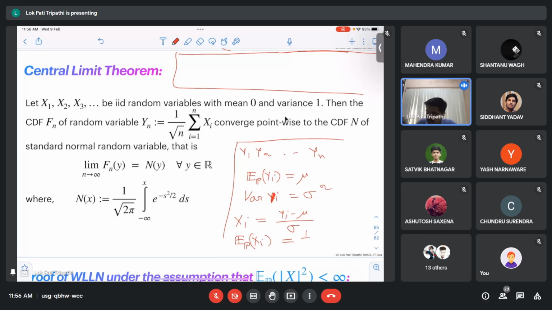Of course, expectation is linear, the expectation of mu is nothing but mu, so it will give you 0. Now you find the variance of X_i. If it is 1, this gives you the standardization of this collection of IID random variables.